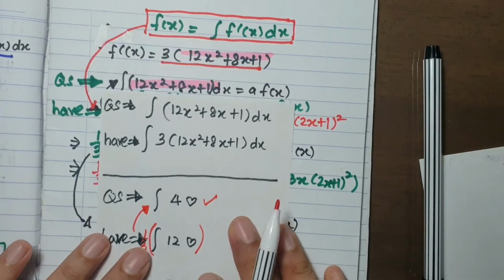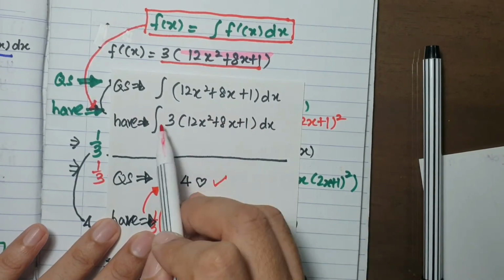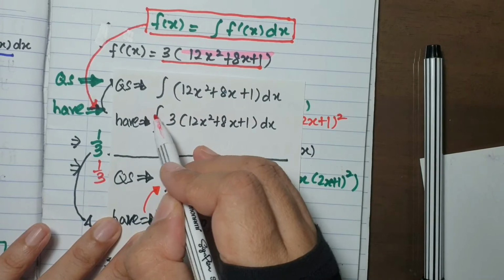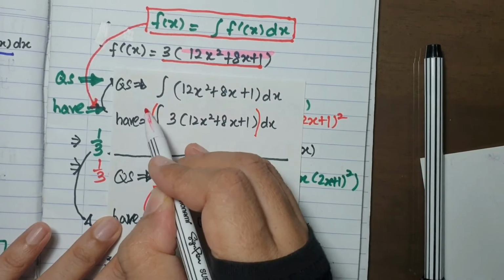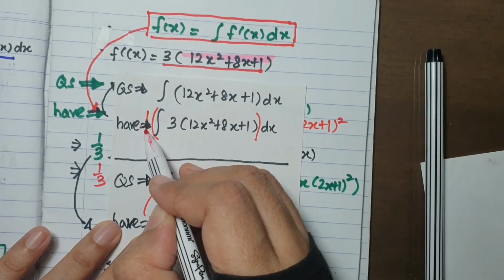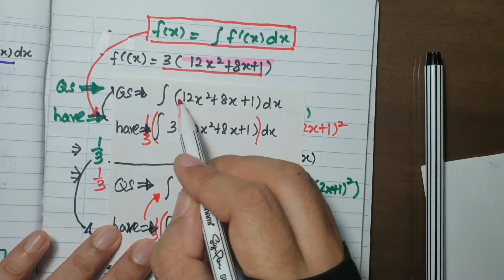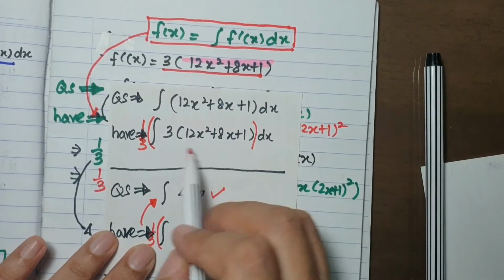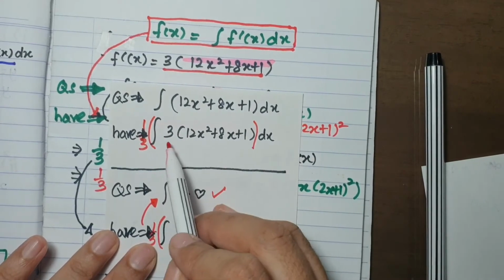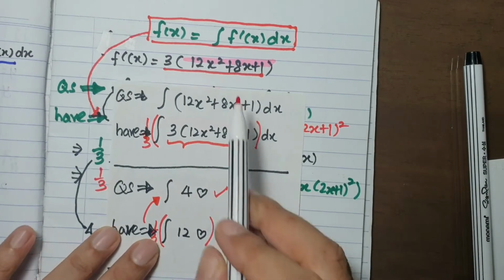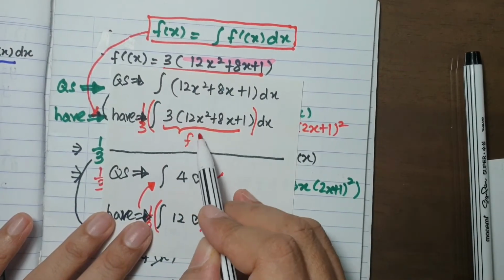So in this case it's the same. Now you have this. How do we make it like this? Okay, so you need to times 1/3. Okay, 3 and 3 cancel, become like this. Why? Why do we need to do this process? Because we understand this is our f prime x.